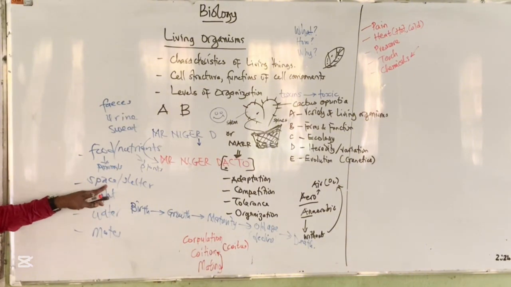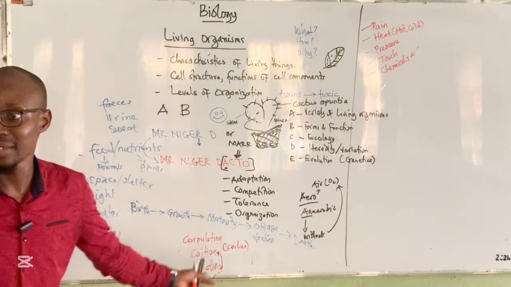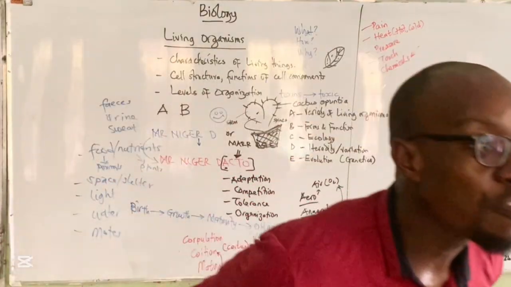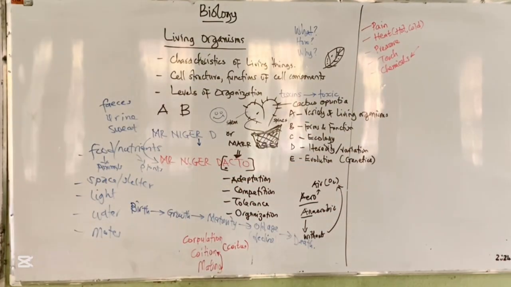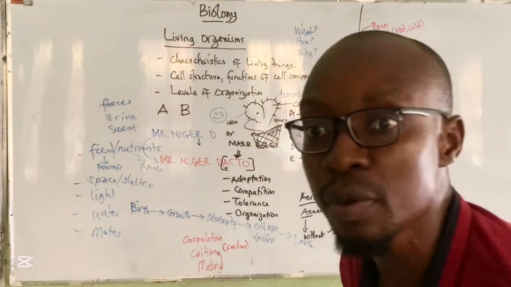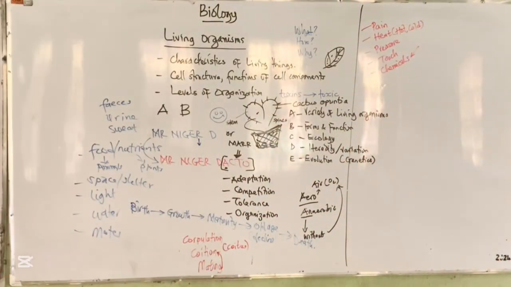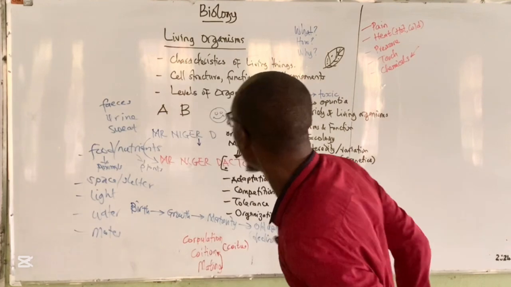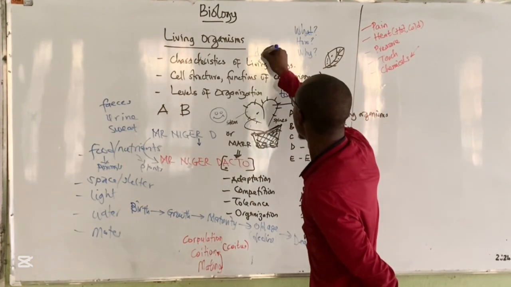So which living organisms prefer to compete for space? It's mostly plants, right? For plants to be able to compete for space very well, there's one particular terminology that is used to reduce competition in plants. What do we call it? We call it what, plant?